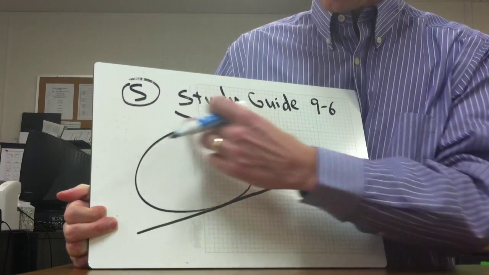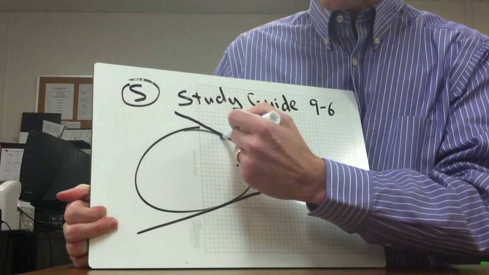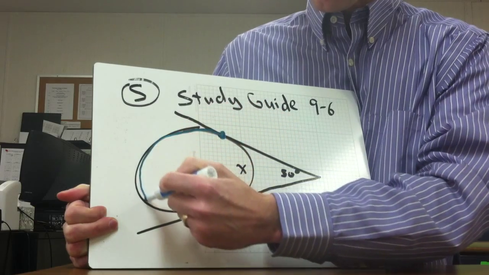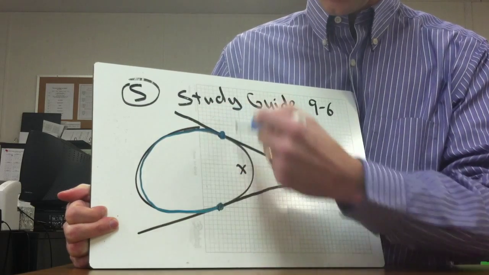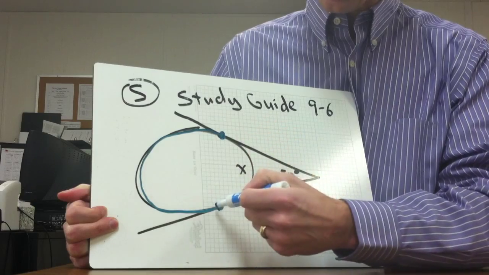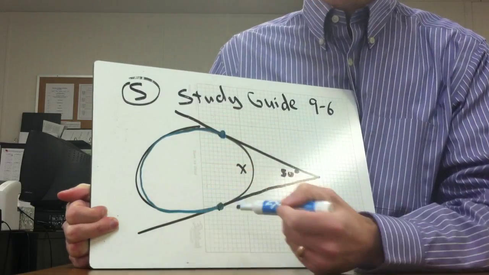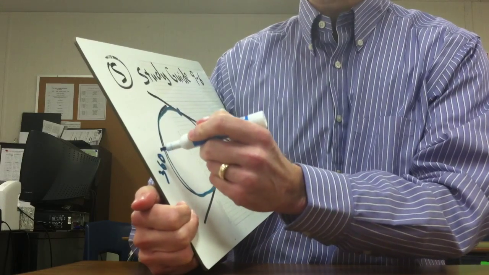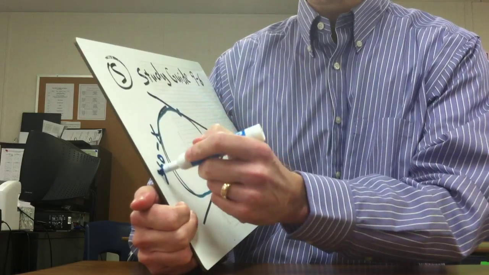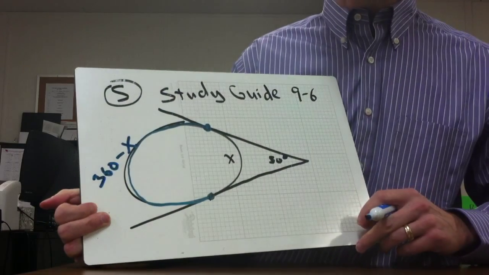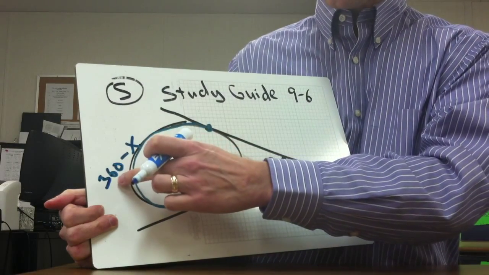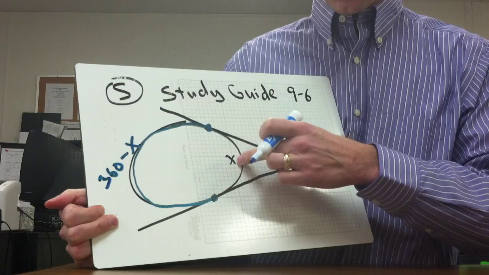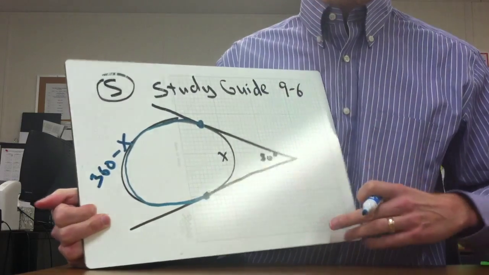Well, I've got an X here, but I don't have anything outside. All of this is the rest of the circle, since we have two different tangents. We have the inside part here, and the part out here would be the whole 360 degrees minus the X. So you're going to have to do a little bit of algebra on this one. Your equation would be 360 minus X divided by 2 and set equal to 50.